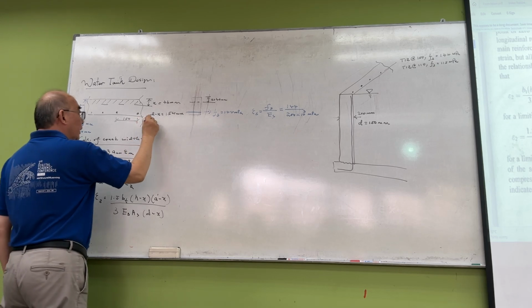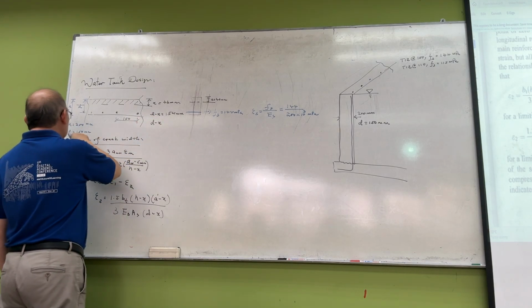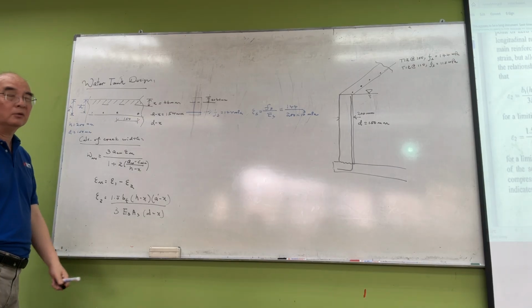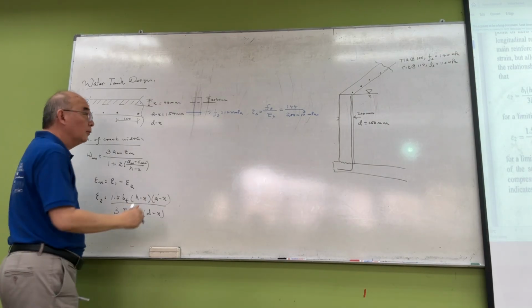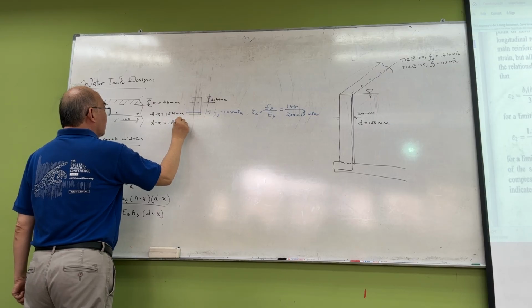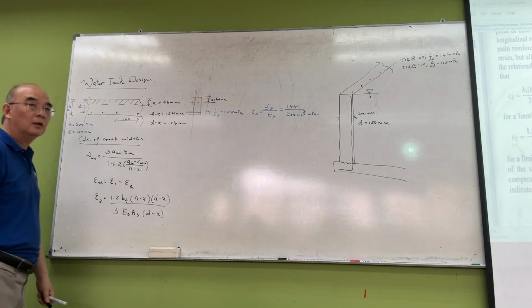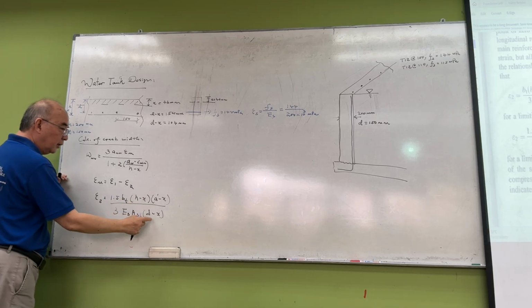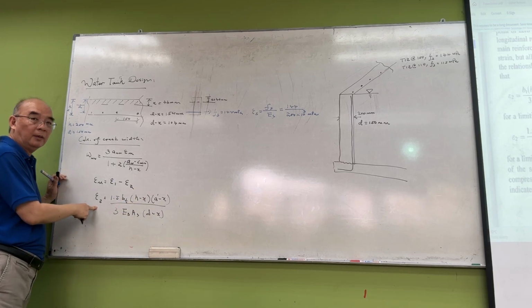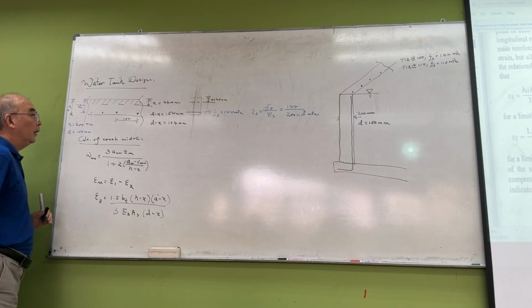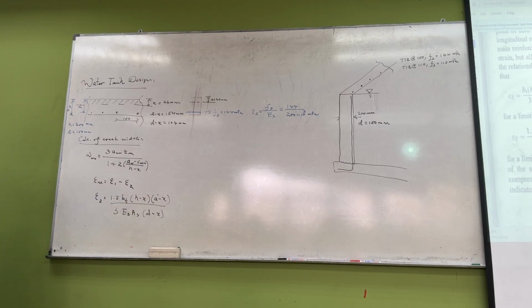And then D minus X: D is 150 minus X 46 is 104. We need the H minus X or D minus X to calculate epsilon 2. And the other thing that we need is A crack.